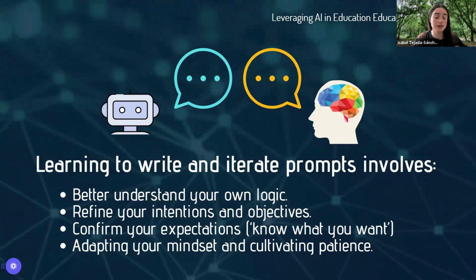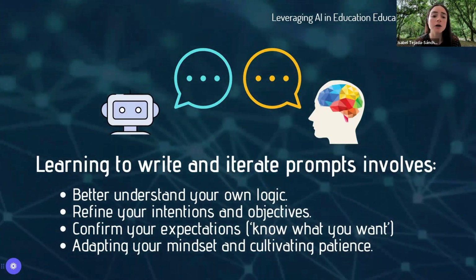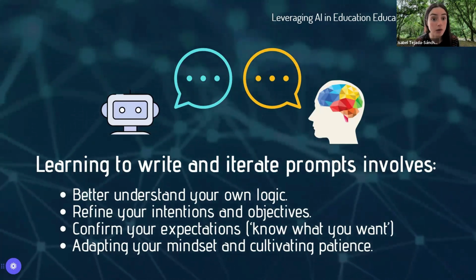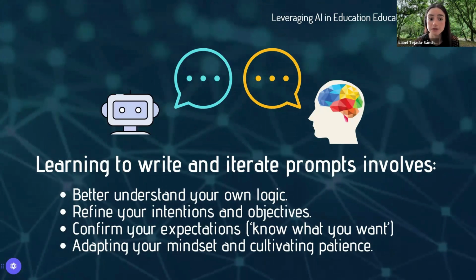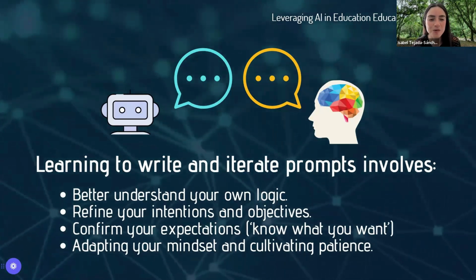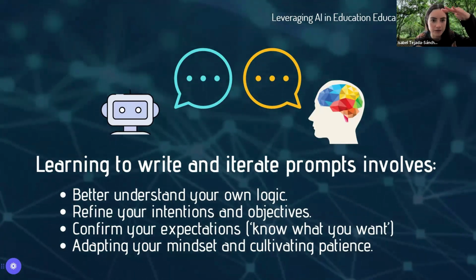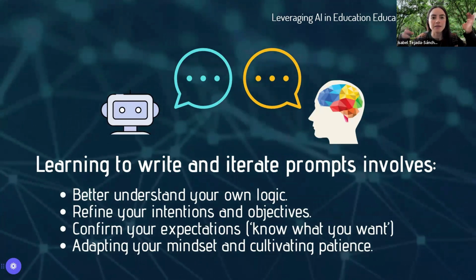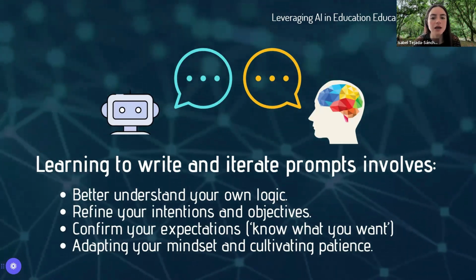All right, so what does it imply? Learning to write and iterate prompts involves better understanding our own logic, refining our intentions and objectives, and confirming our expectations, so actually knowing what I want. I have seen people write prompts that are a big paragraph with many requests and many instructions inside.